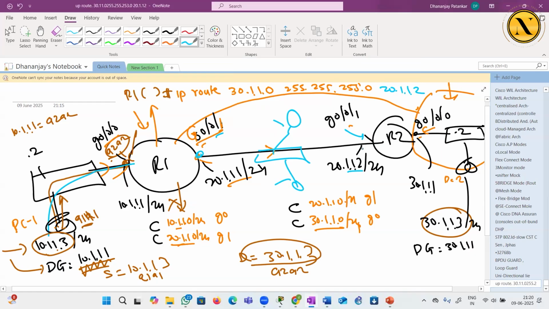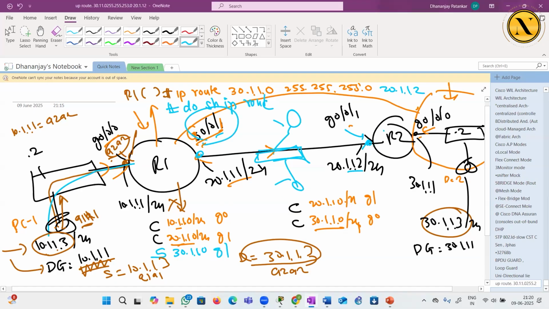It is 20.1.1.2, assuming there's a switch and multiple routers connected. So now you go and check this guy's routing table. Do show IP route. You will get an entry here, static 30.1.1.0, something like this. The rest you can check, and the outgoing port should be gigabit 1, right?